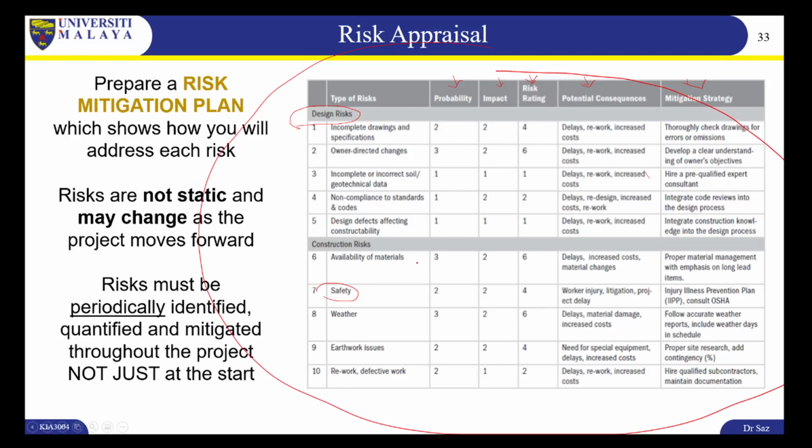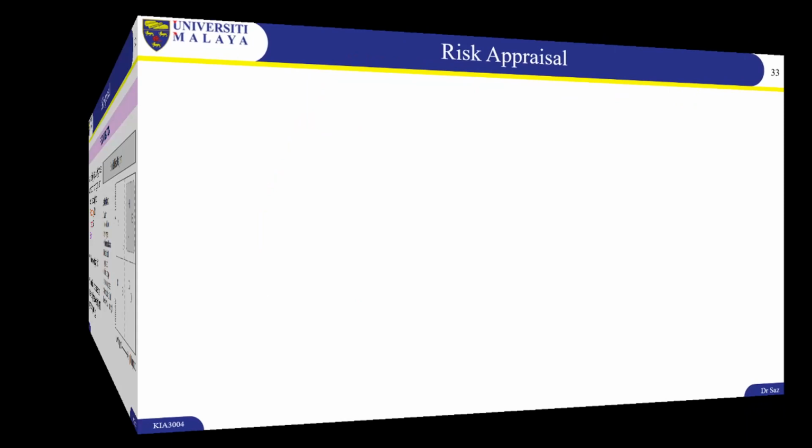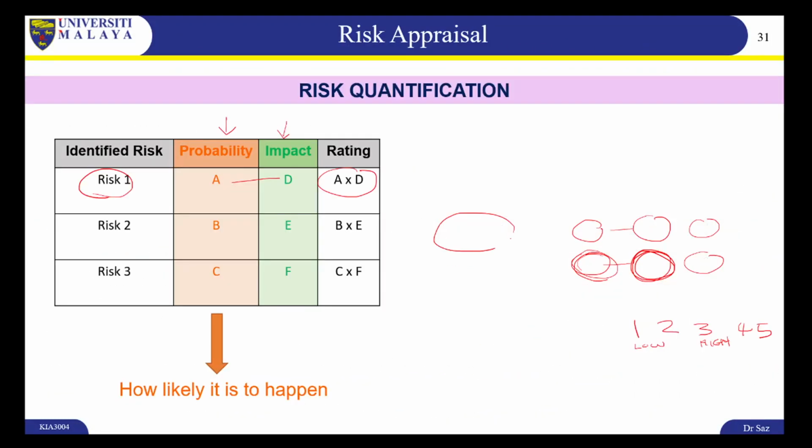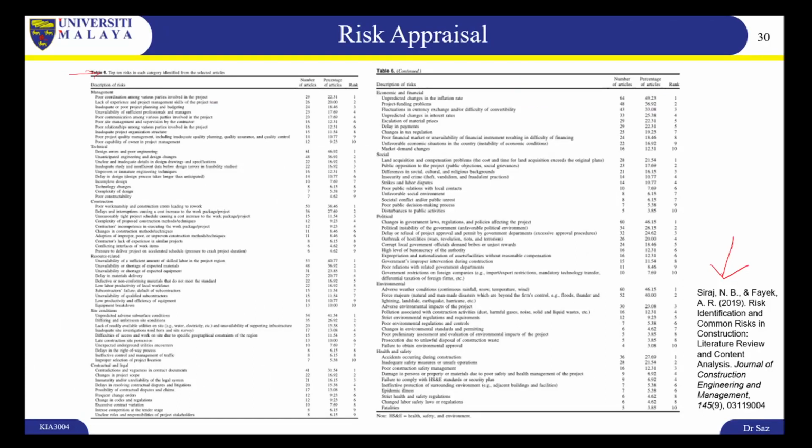But like I said before in the previous slide, let's just go back. Okay, these are the types of risks here. So you can see environmental is here, health and safety is here. So there are a few risks right here that you can take a look at and see which one applies to your project.